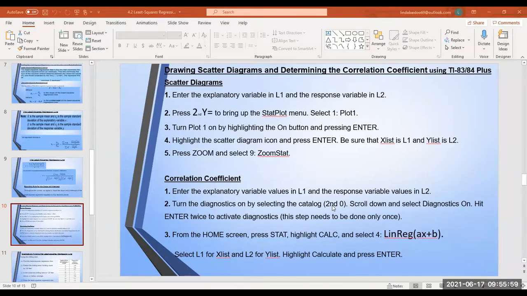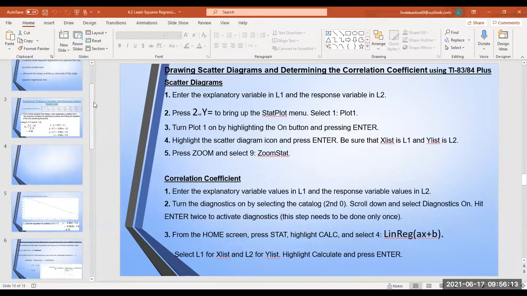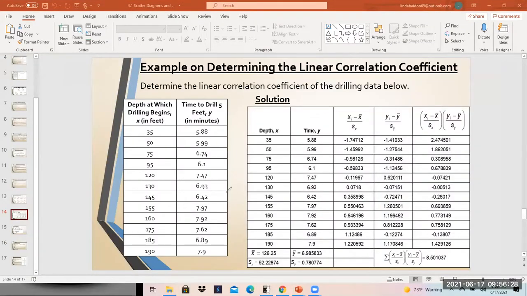Your first step is putting the values of X in L1 and the values of Y in L2. Let me bring up the values we used in 4.1, which we just calculated R for. I'm going to use those same values.